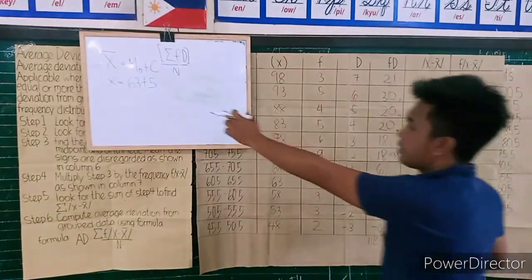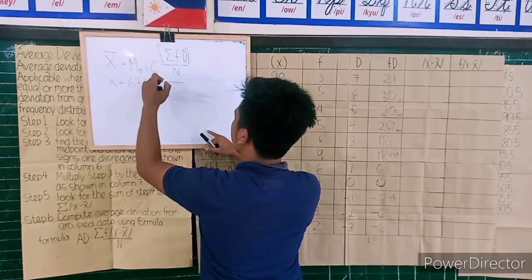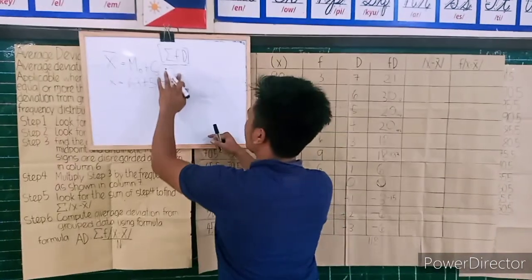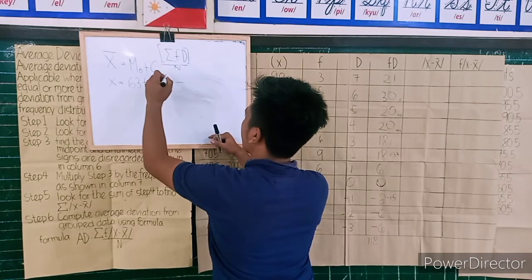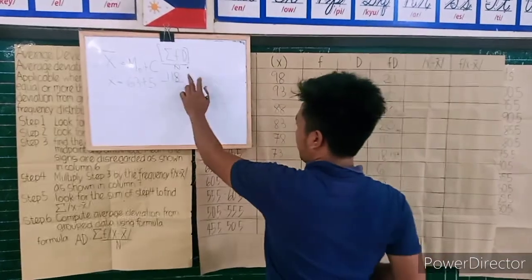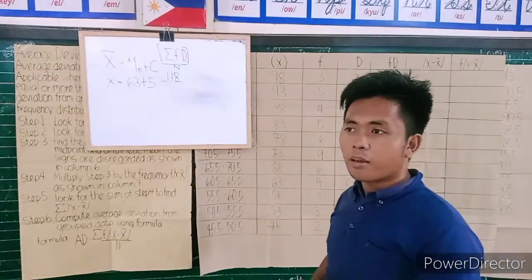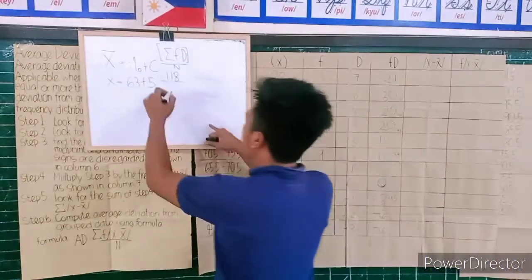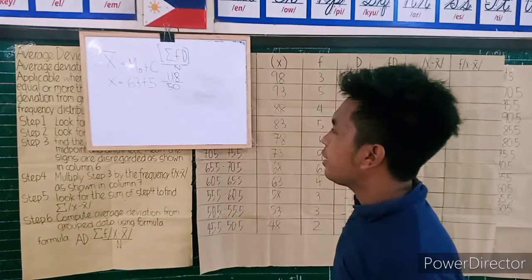So the summation of frequency deviation, we have 118, divided by the number of respondents. How many respondents are we in this table? We have 50 respondents. So that is how we get the arithmetic mean.